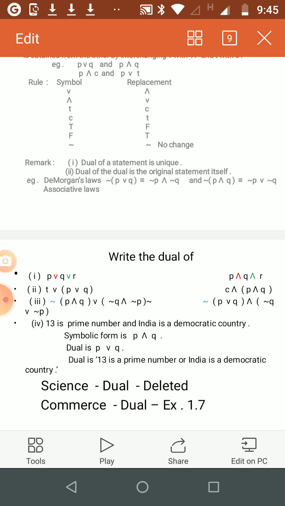So we denote the first by P and the second by Q. The first one, 13 is a prime number, is P, and India is a democratic country is the second statement, which is Q. So the symbolic form of the given compound statement is P and Q, and therefore its dual is P or Q, which is its symbolic form. Therefore its verbal form is 13 is a prime number or India is a democratic country.